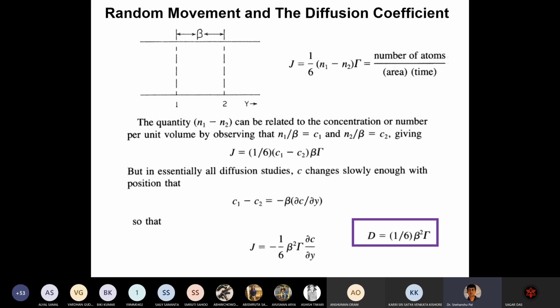Now the expression for J becomes J equals minus 1/6 beta squared tau del c by del y. This equation is identical to Fick's first law. Comparing Fick's first law and this equation, you get the diffusion coefficient D equal to 1/6 beta squared tau. So the diffusion coefficient can be determined from the product of the jump distance squared and the jump frequency.